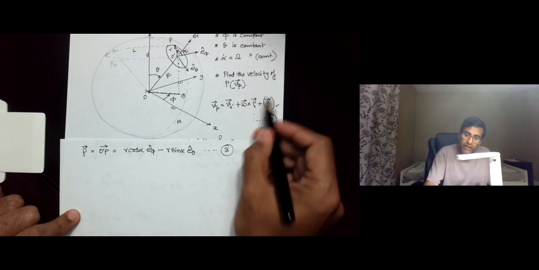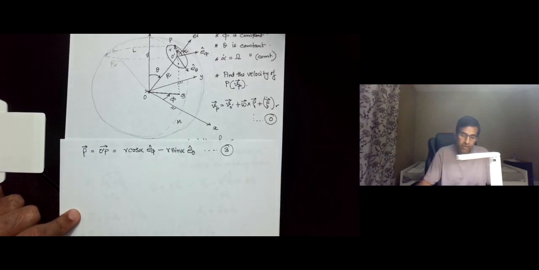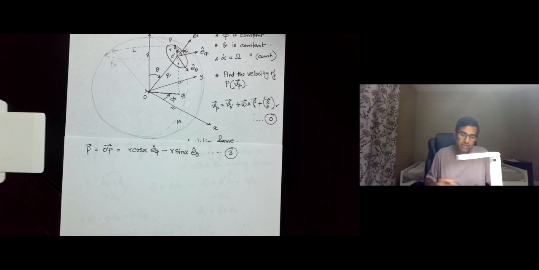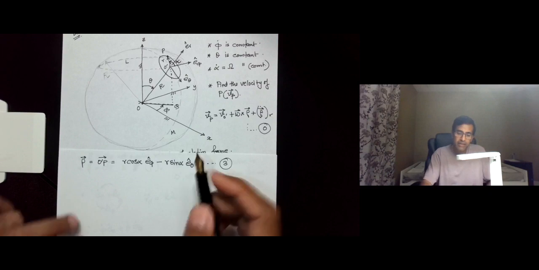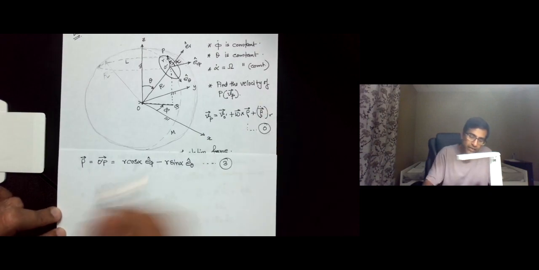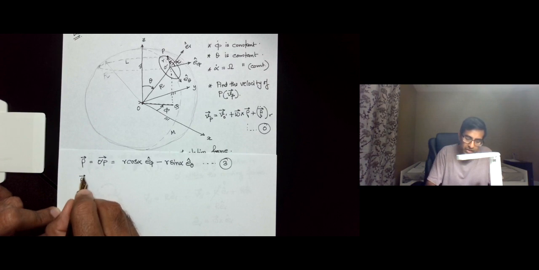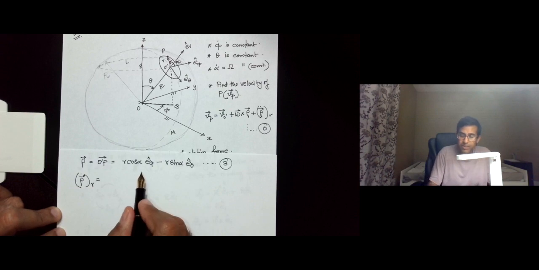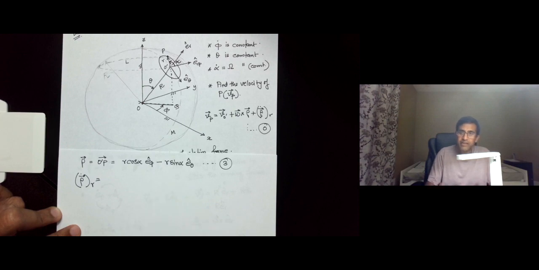And then finally we need to find the relative velocity of P with respect to O prime in the rotating frame. In some cases it is rather easy to see that velocity and formulate it intuitively. In other cases you may have to do some algebra to find this out. And we have shown that to find the relative velocity within the rotating frame, you take this rho vector and differentiate it with the consideration that these rotating vectors are considered momentarily not rotating.